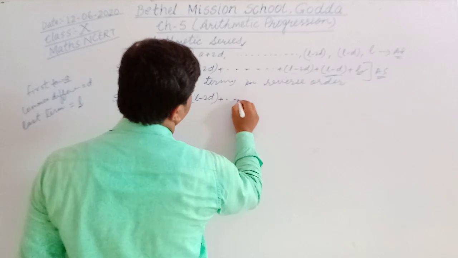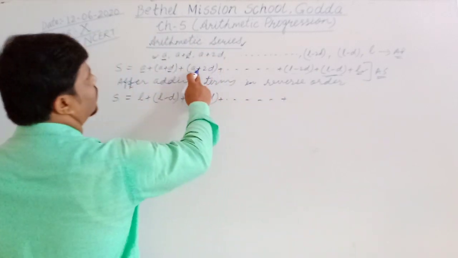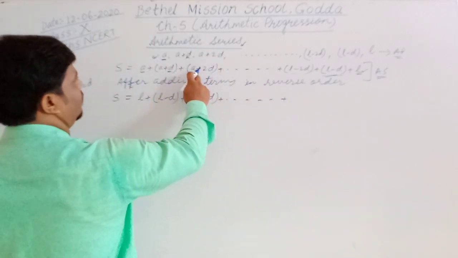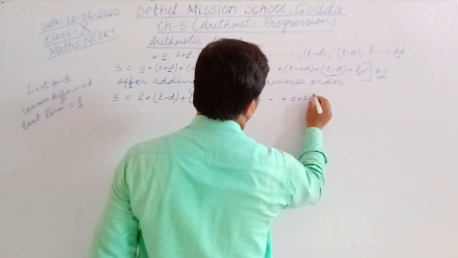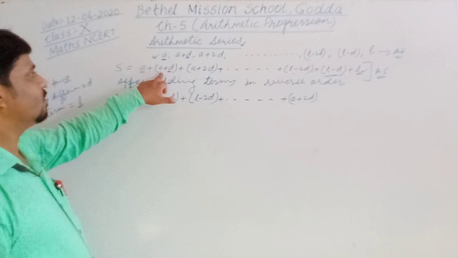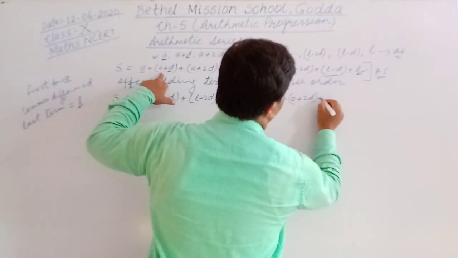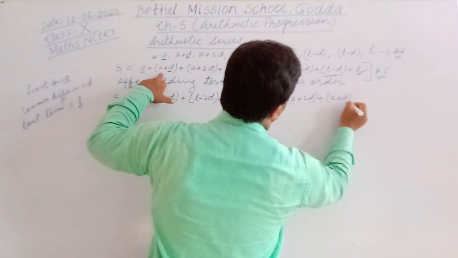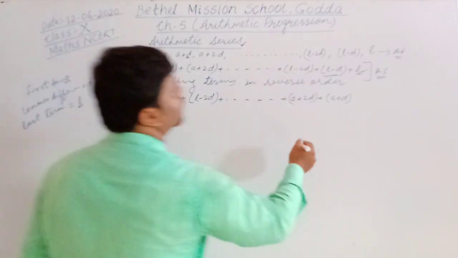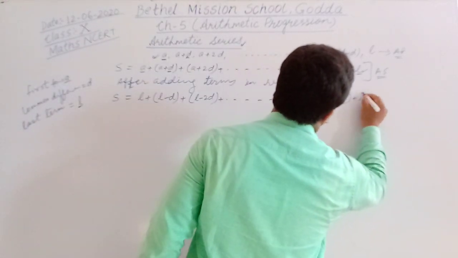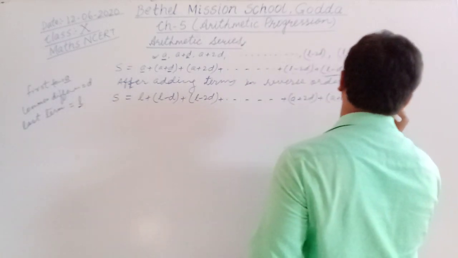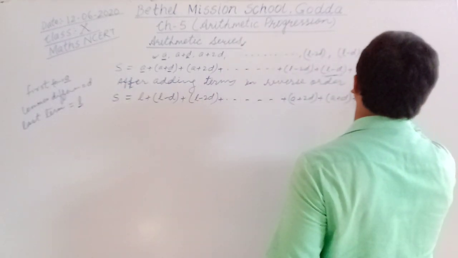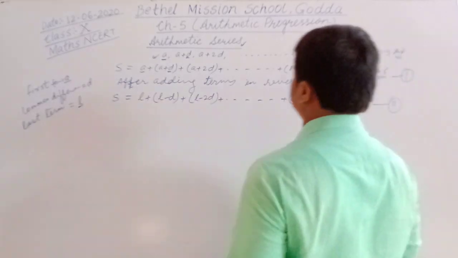After that, the third term goes to the third last place, A plus 2D, the second goes to the second last, plus A plus D, and the first goes in the last place, A. This is equation number 2, and the previous one is equation number 1.